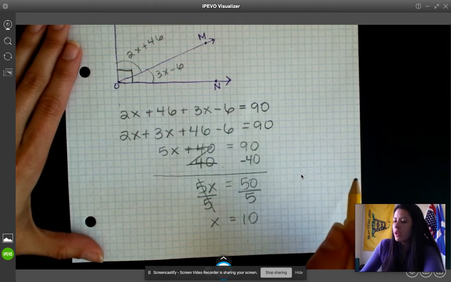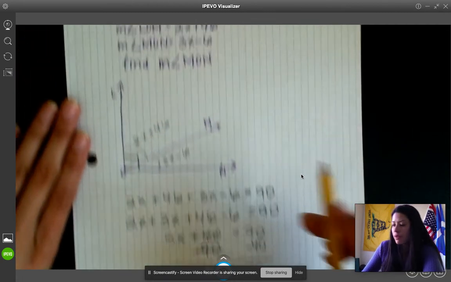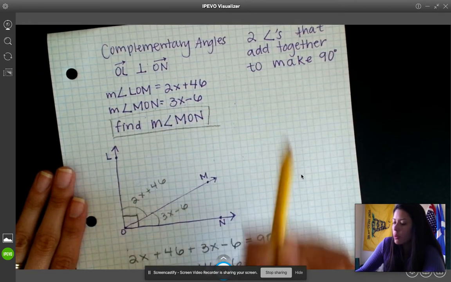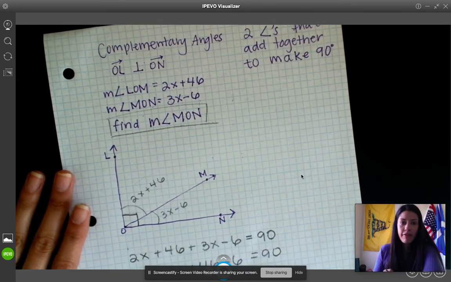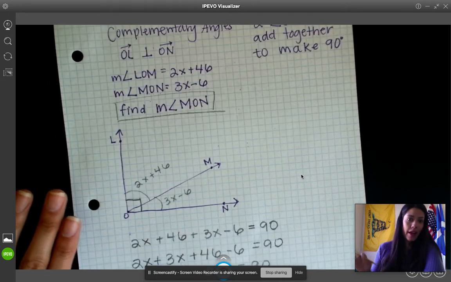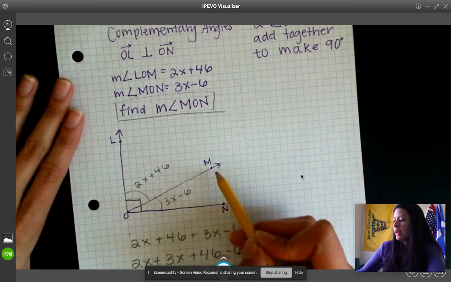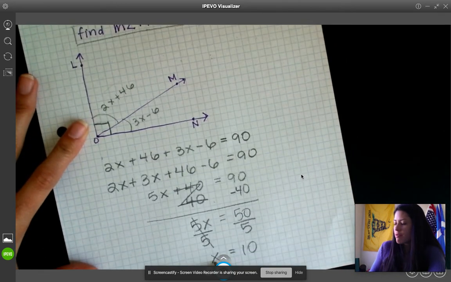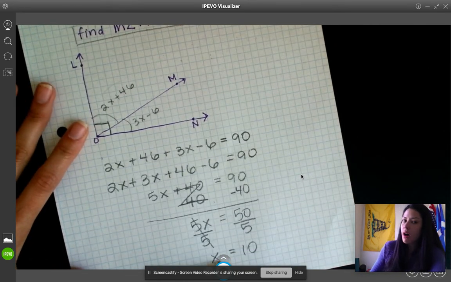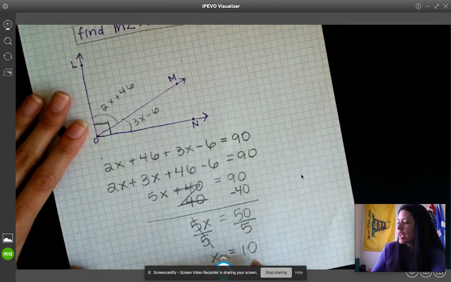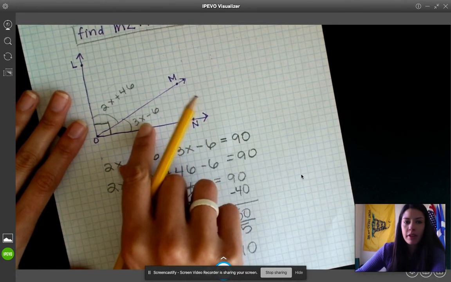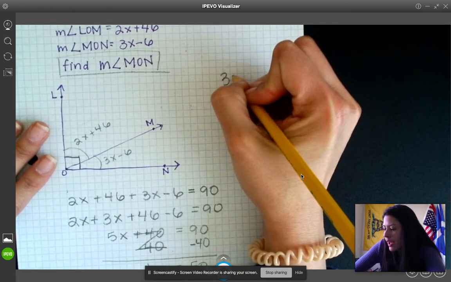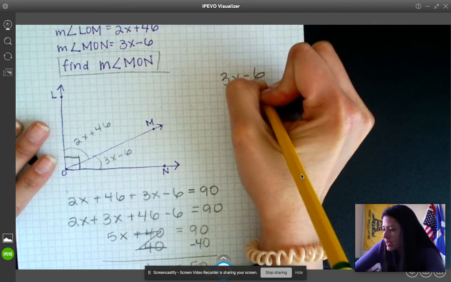All right. Does that answer my question, though? No, what I'm trying to find is the measure of angle MON, that's this one right here. I know that x is going to equal 10, so all I have to do is plug that in for my variable. Off to the side, I'm going to do MON, which is 3x minus 6.